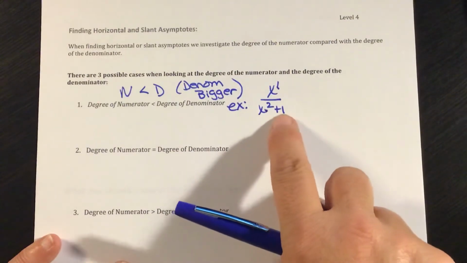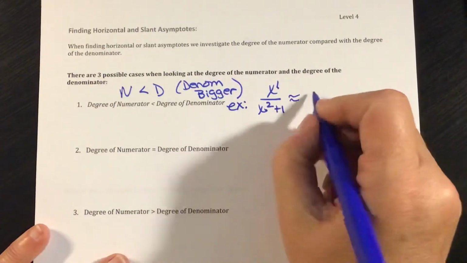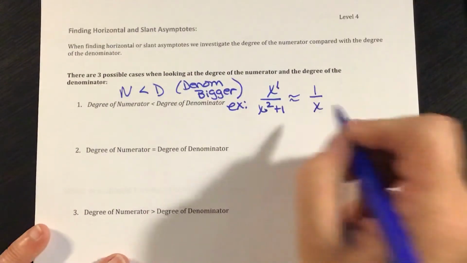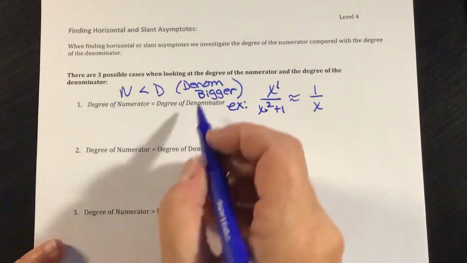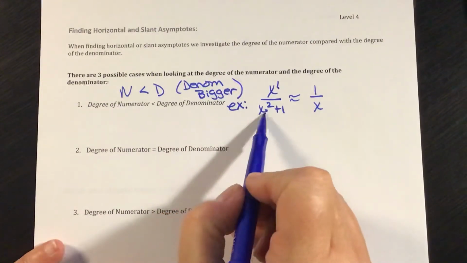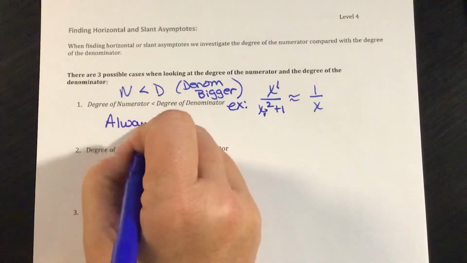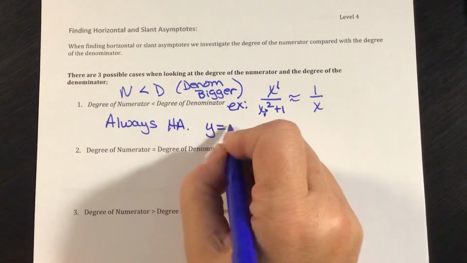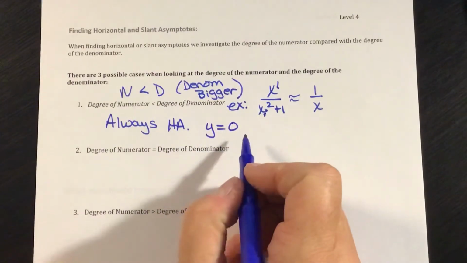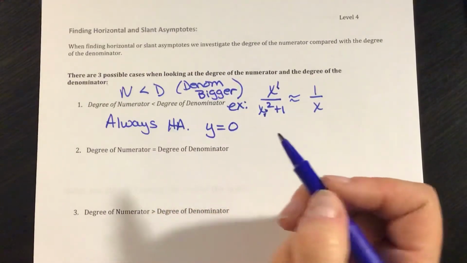With a large number, if I add 1 to it, it's not going to make much of a difference. So this is really taking on the shape of 1 over x, which has a horizontal asymptote at y equals 0. So anytime my denominator is bigger, I'm always going to have a horizontal asymptote at y equals 0. Basically that's the x-axis.